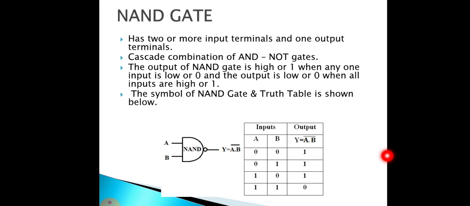Next gate is the NAND gate. The NAND gate has two or more input terminals and only one output terminal. The term NAND can be split as NOT dash AND, which means that the NAND operation can be implemented with the combination of an AND gate and a NOT gate.